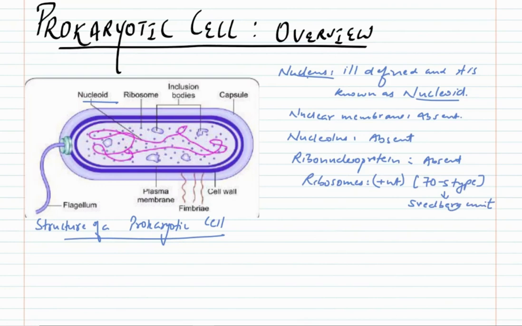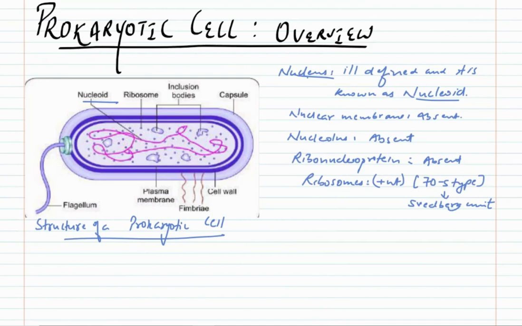Now ribosomes are made up of ribonucleoproteins, but ribonucleoproteins itself are absent. That is, there is no independent presence of ribonucleoprotein, which is seen in eukaryotes but not in prokaryotes.